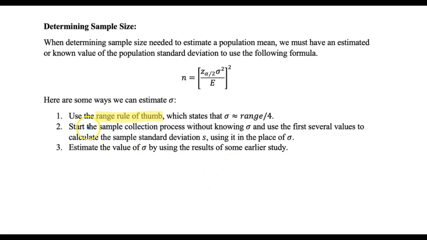And the second way we can estimate this is, if we have raw data, we can start the collection process to find the sample standard deviation of some of the data and then just use it in place of the population standard deviation. And finally, we can use the results of some earlier study.